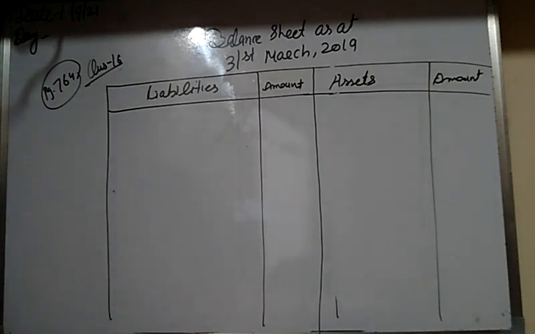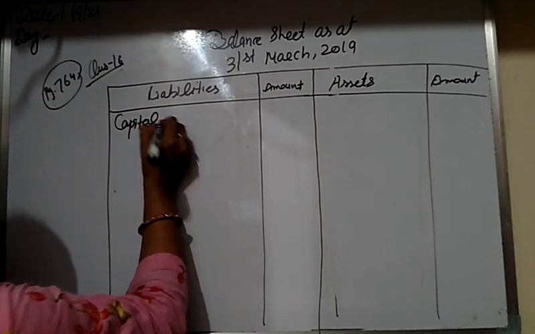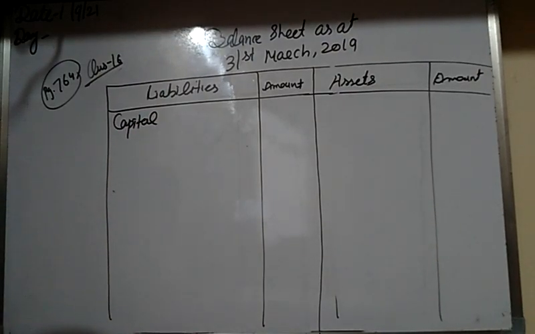First of all we record the capital. When net profit is there, it increases the capital of the company, so whenever net profit is there, we add it into the capital. When net loss is there, we deduct it.